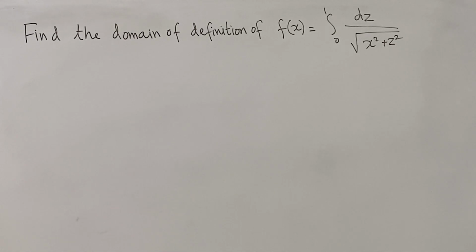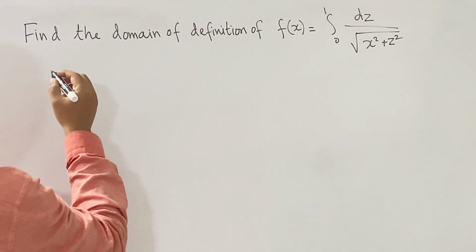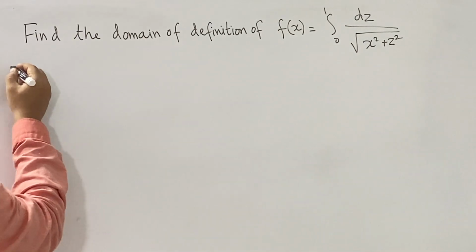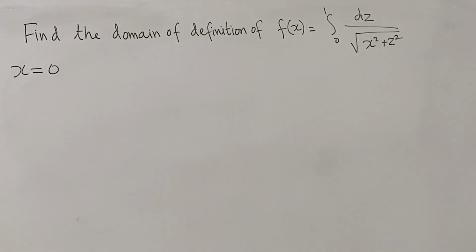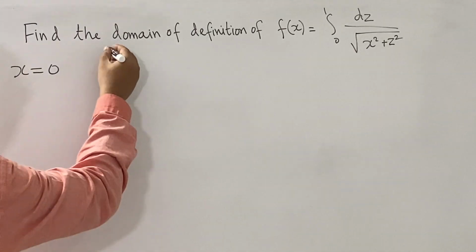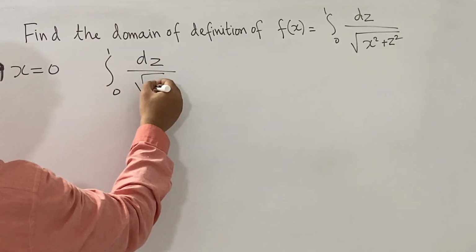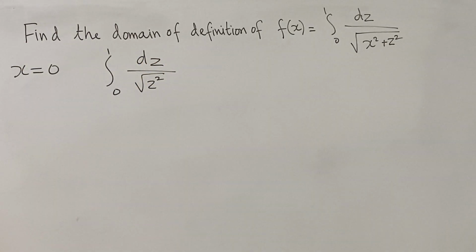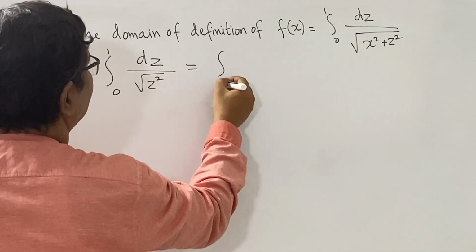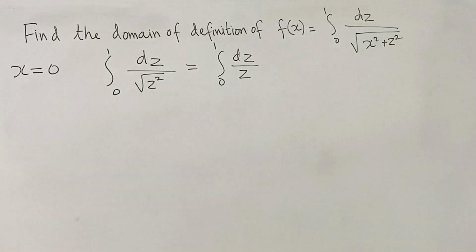Now for that, we first look at the point x is equal to 0. Now if x is equal to 0, then integral 0 to 1 dz by root over z square, that is equal to integral 0 to 1 dz by z, and we know that 1 by z is not defined at z is equal to 0.